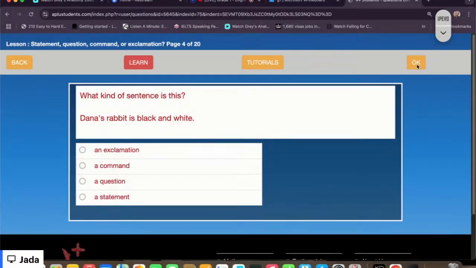Dana's rabbit is black and white. What kind of sentence is this? So we have what?